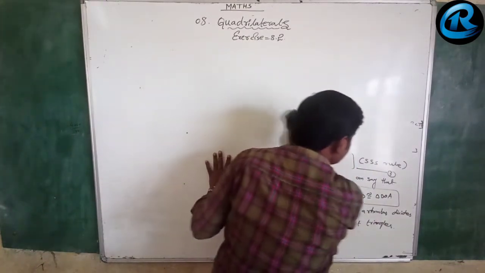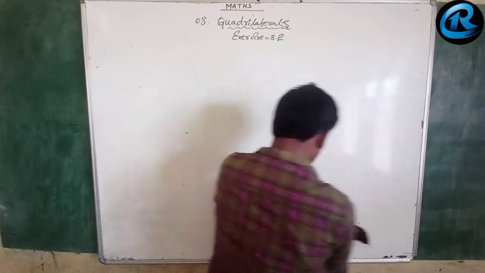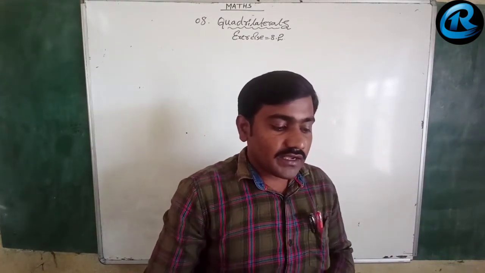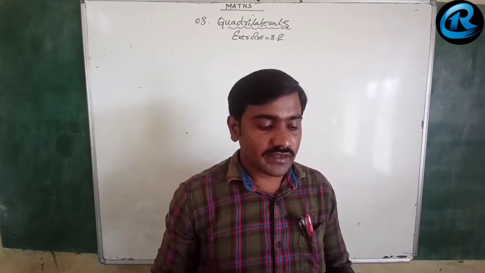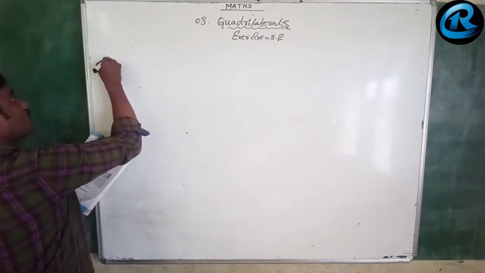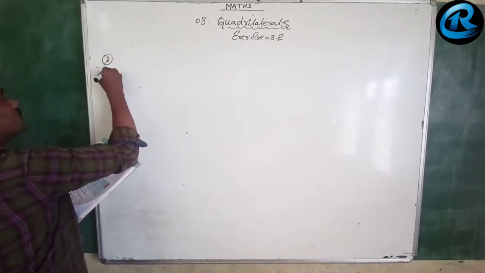The last question of this exercise now. You go for that. In a quadrilateral ABCD, the bisectors of angle C and angle D intersect at O. The third one, solution.